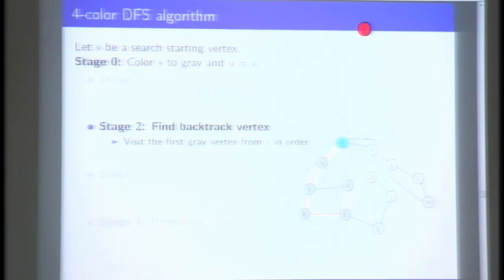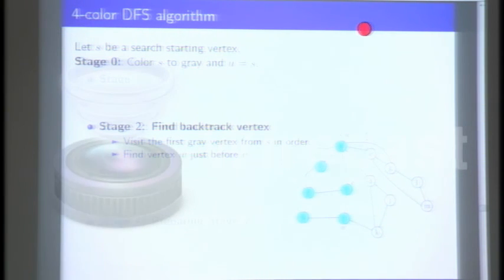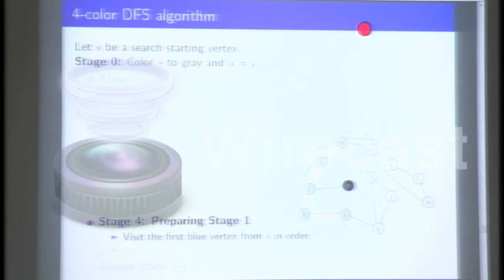Then move to stage 2, and we find a backtrack vertex, which means that we got this starting point, then we trace the gray vertex. In this figure, A and B and F and so on. Again, we go back to a starting point as we trace a blue vertex.